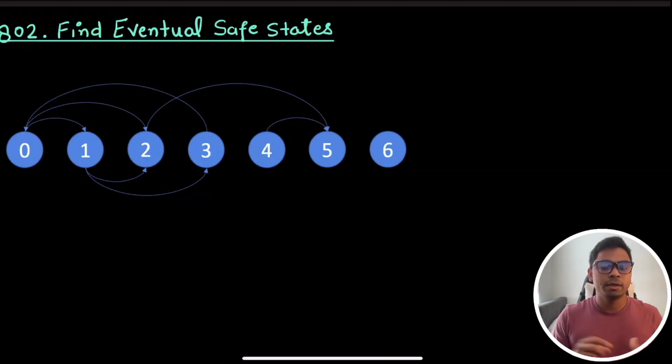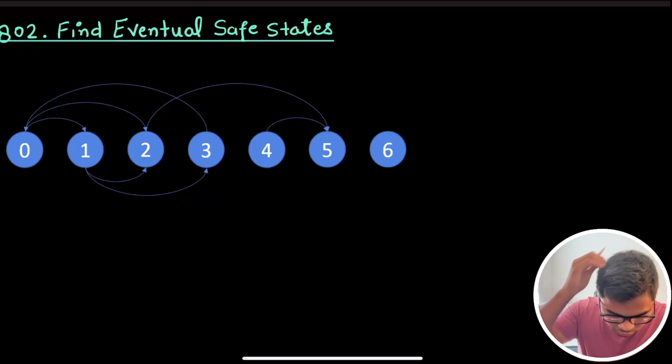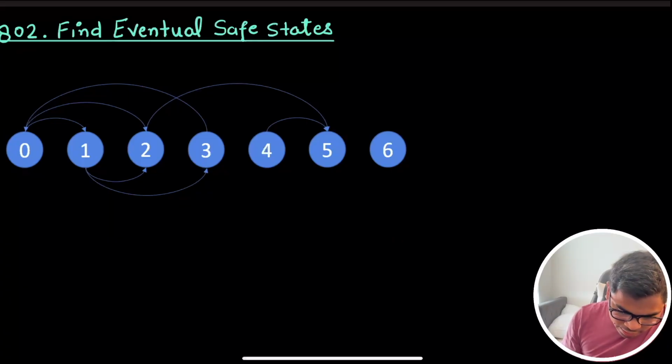Let's understand what is being asked. Here is our graph that's given to us, and this is the representation of this particular 2D array, which will be given to us as a graph.